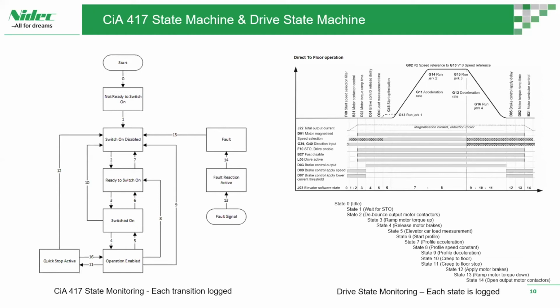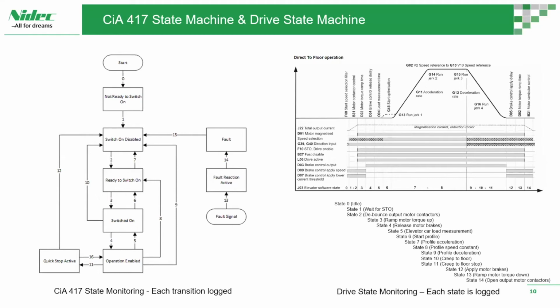As you can see on this example travel curve, which shows what we call a direct to floor operation, where there's no actual creep at the beginning or at the end of the profile, the drive normally starts in an idle state, which is state 0. From there, it's waiting on the STO enable, so it's told that it's allowed to generate current on the outputs and control the motor.